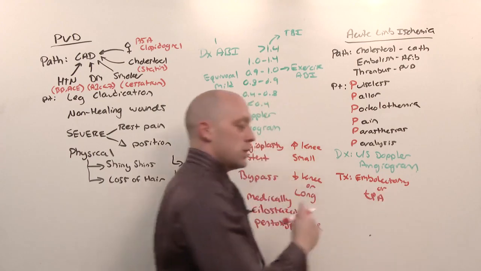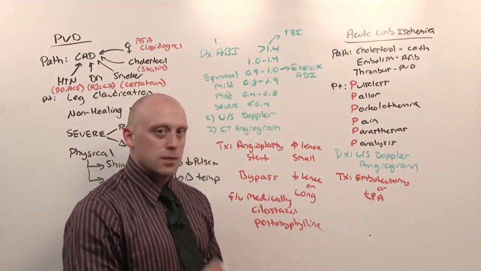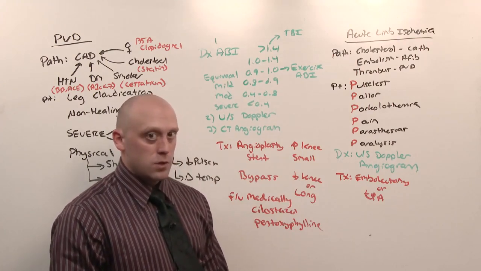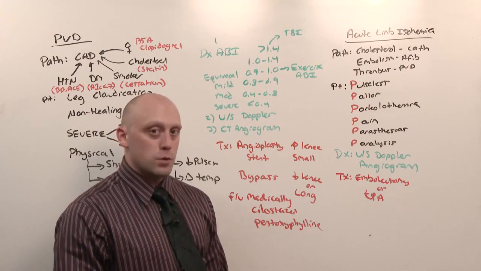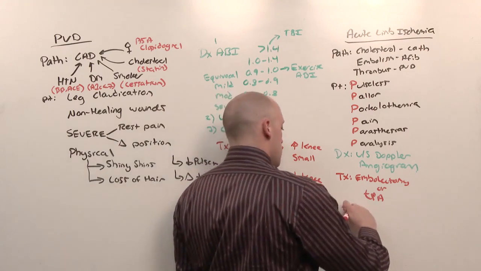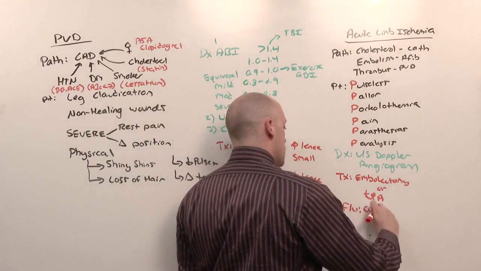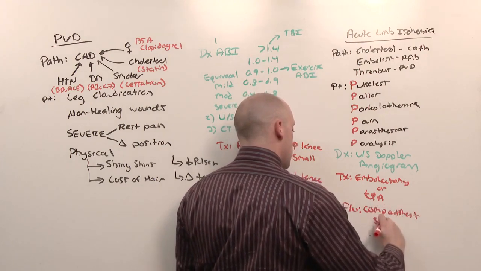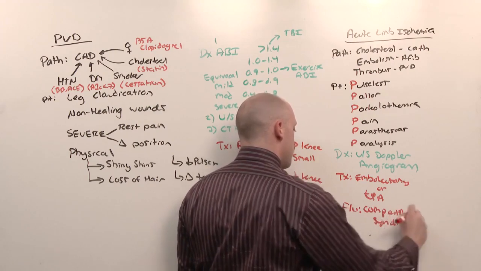And ideally, you'll do intra-arterial TPA directed at the thrombus. But because you have dead tissue on the other side, when you reperfuse, there's a chance that you cause compartment syndrome. So anyone who gets reperfused needs to be assessed for compartment syndrome, and if it develops, you need to cut them open to relieve the pressure.